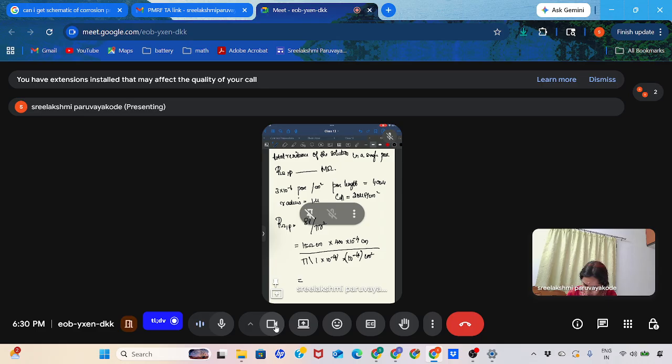Once you solve it, you will get 19.01 mega ohm.